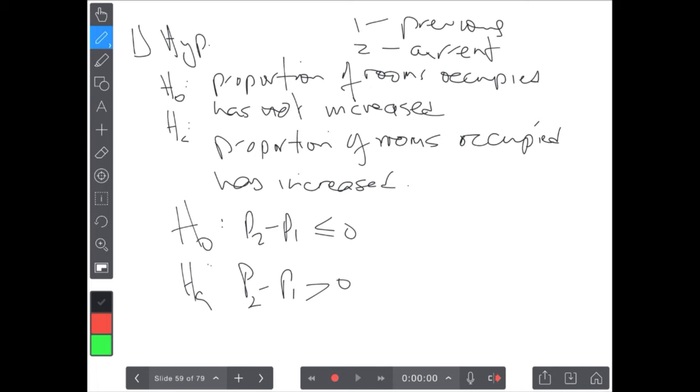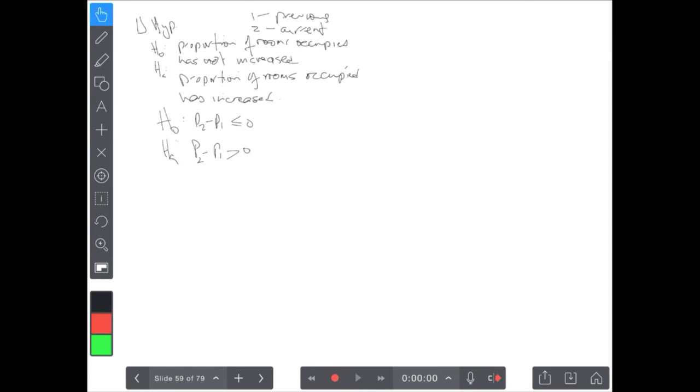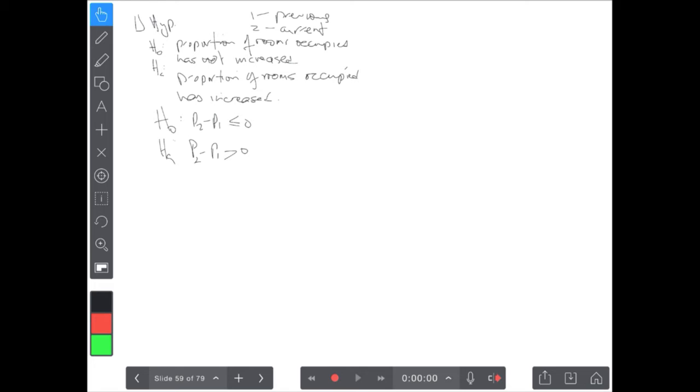Second step is the test statistic. Now, if you noticed, in H0, the difference is 0. So since we're going to assume P1 minus P2 is 0, we're going to have to use the pooled sample proportion.